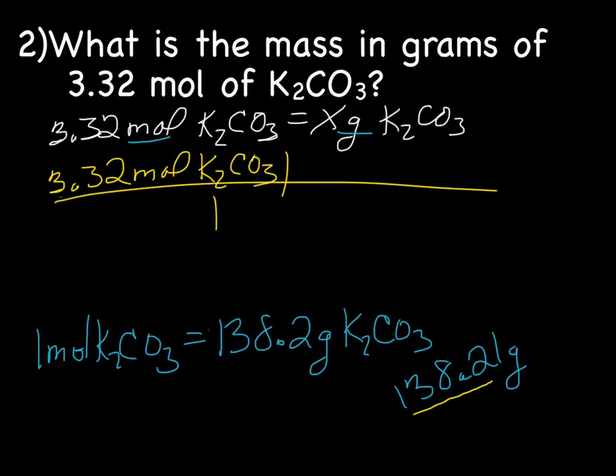All right, so when we put this in the grid, I'm going to put the moles on the bottom because we have moles on the top and we want to be able to cross out. So we have 1 mole K2CO3 on the bottom. And on the top, we're going to have 138.2 grams K2CO3.